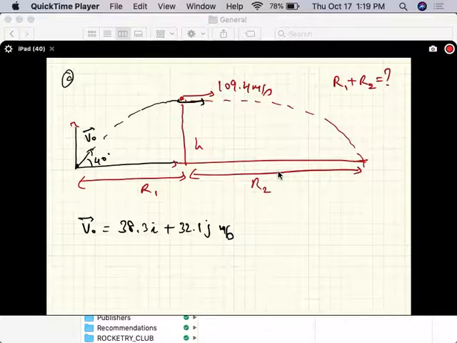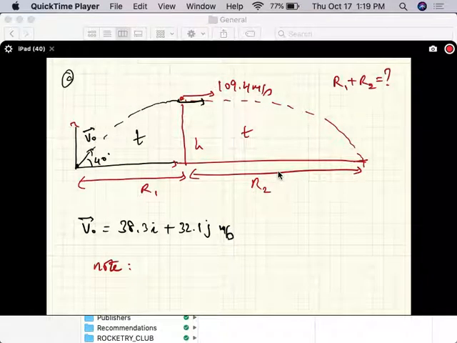All right, so we'll say this t and this t. So note the black t is equal to the red t. Everybody understand that? The black t is the time it took for it to go up, and the red t is the time it took for the guy to come down. So the color coding is also a variable.